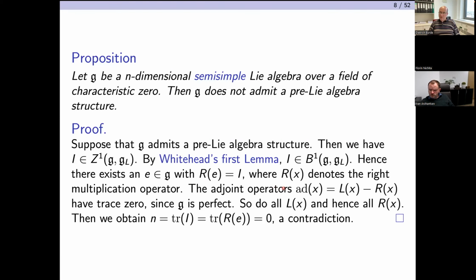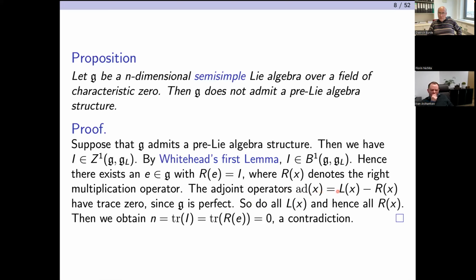However, since the Lie bracket xy is left multiplication minus right multiplication, that is, xy minus yx, we can look at the traces. Since this is a representation, and the Lie algebra is perfect, you know that the traces here are 0.